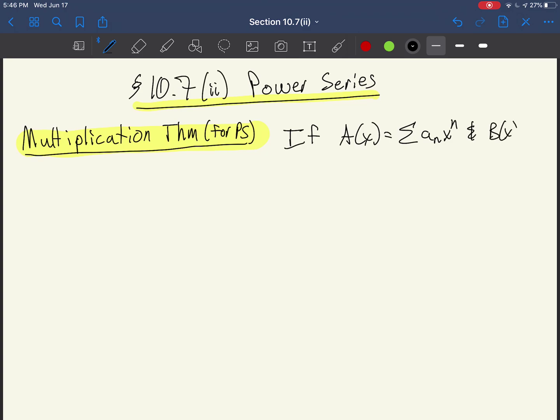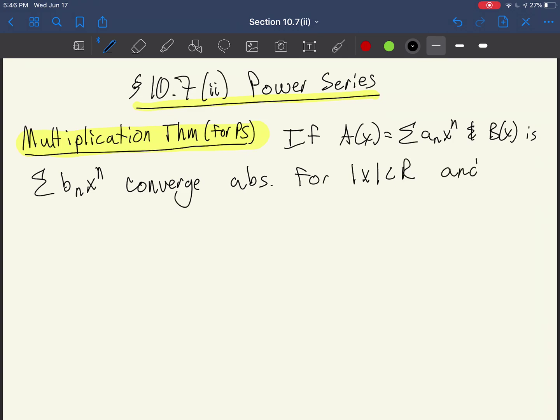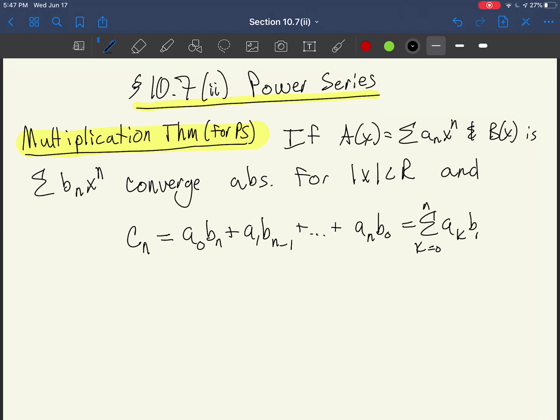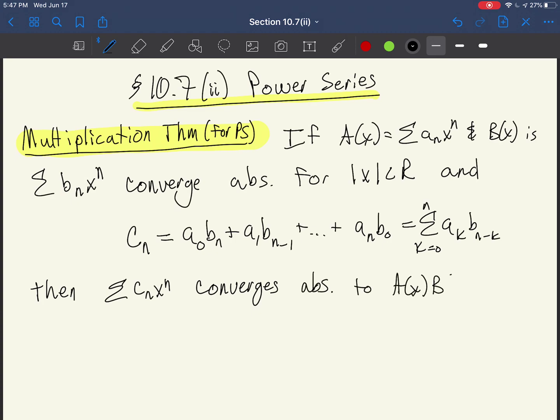So if A of x is the power series a_n x^n, and B of x is the power series b_n x^n, and if both of these converge absolutely for the absolute value of x less than R, and if we define c_n to be a_0 b_n plus a_1 b_(n-1) plus ... plus a_n b_0, which is the summation from k equals 0 to n of a_k b_(n-k), then the power series c_n x^n converges absolutely to A of x times B of x.